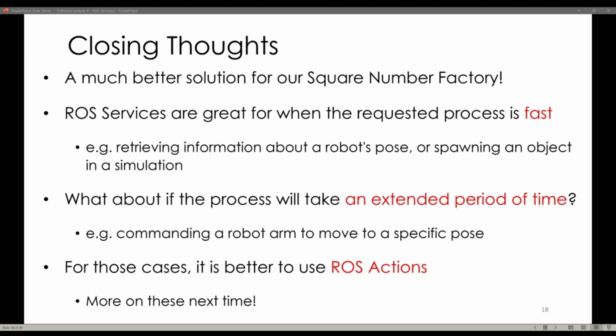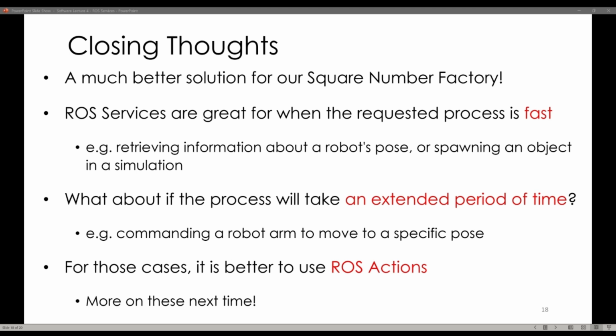So yeah. Now, ROS services are great for when we know that the requested process is going to be fast. So, for example, when we're retrieving information about a robot's pose, or when we're spawning an object in a simulation, or squaring a number, which I doubt in practice you'd ever want to use. But it's representative of maybe you're processing visual data. Maybe you send that off to a server to do separately to your client because your client's busy doing other stuff. So actually, it's probably not that much of a ridiculous scenario.